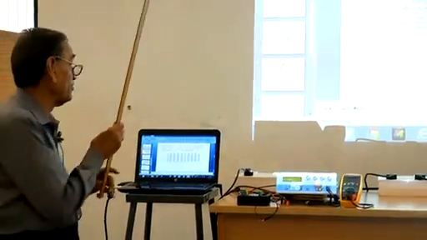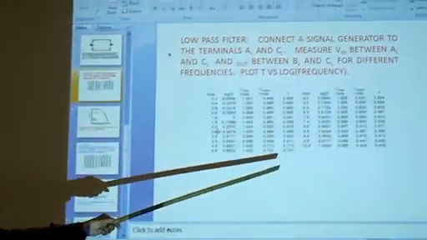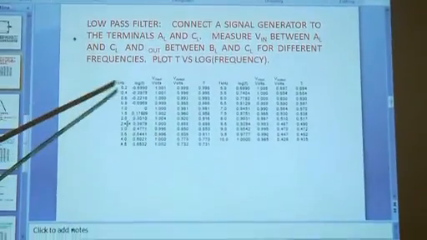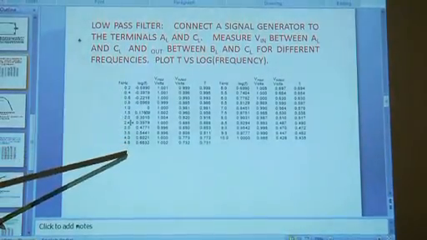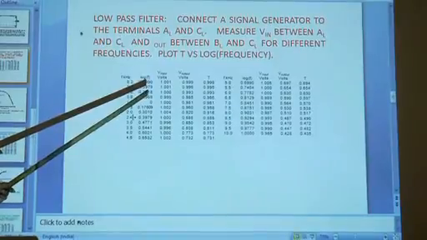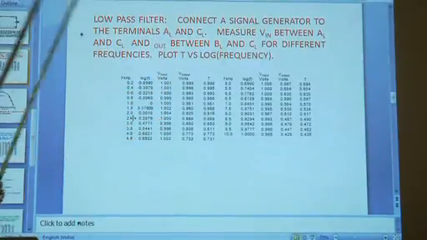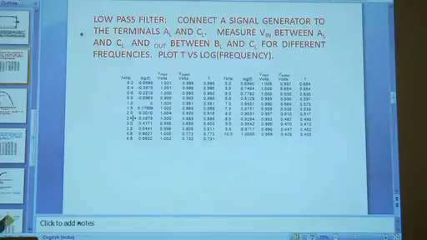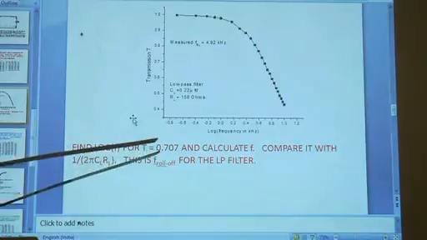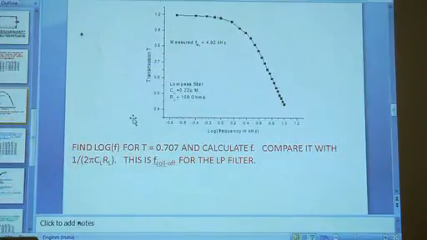For the low pass filter, there is the frequency in kilohertz, 0.2 kilohertz to 10 kilohertz. There is the logarithm of the frequency, the input voltage, the output voltage, and the transmission coefficient. So you plot transmission coefficient as a function of the logarithm of the frequency, and you get a curve like this.